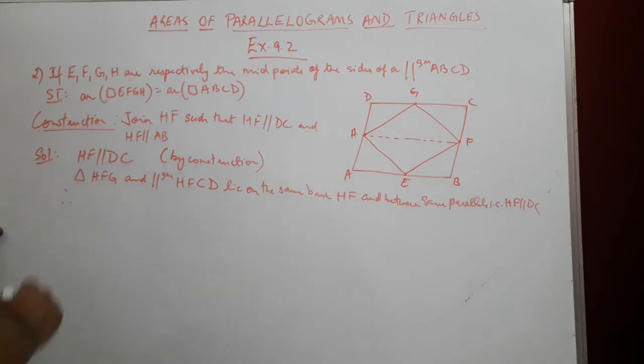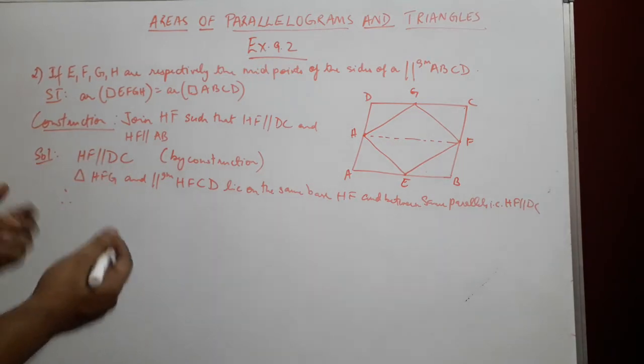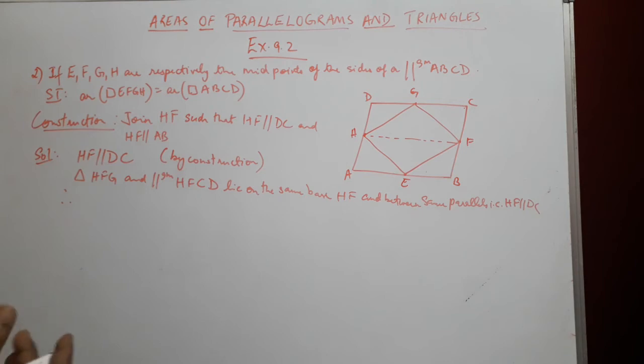Therefore, we write the relationship. When a triangle and a parallelogram lie on the same base and between the same parallels, the area of the triangle is half of the area of the parallelogram, as we learnt in our second video about the second theorem.